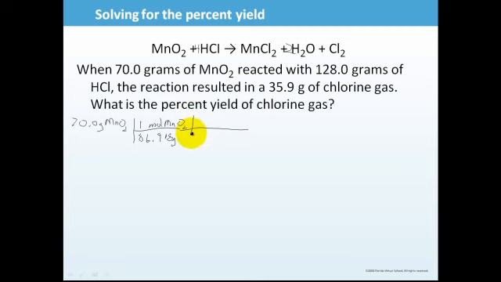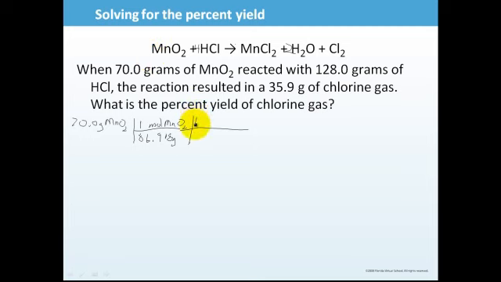All right. Step 2 is our mole ratio. Well, for our mole ratio, we got to look at the balanced equation, right? Again, we are solving for Cl2. That's the one we're looking for. And we started with the MnO2. So the coefficients are 1 Cl2 to 1 MnO2.